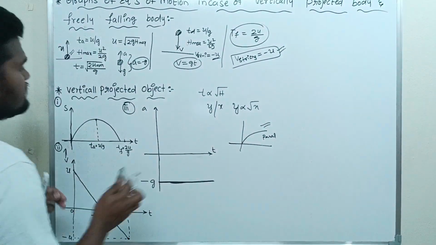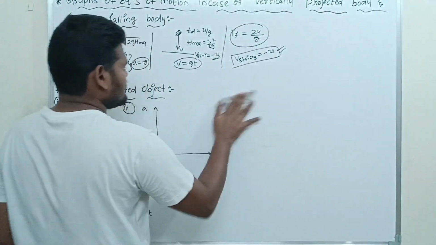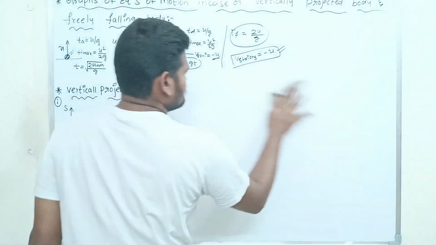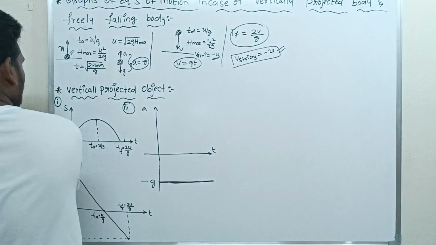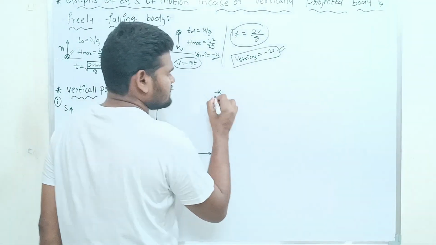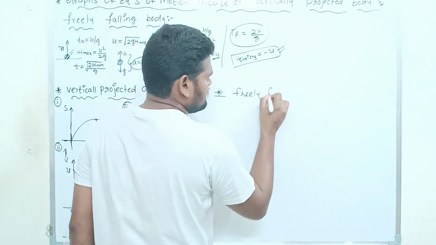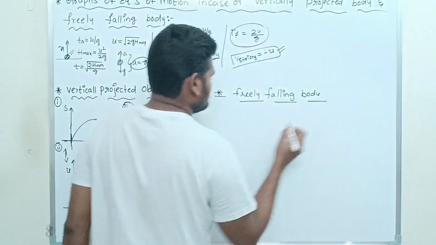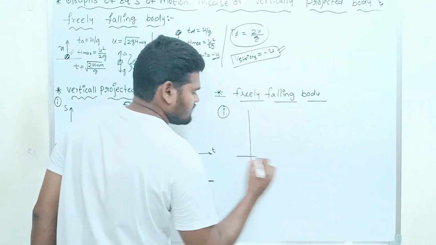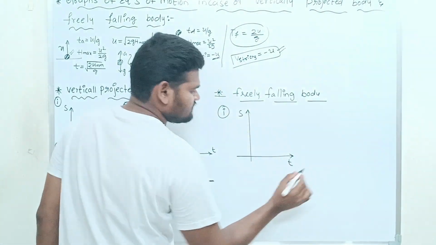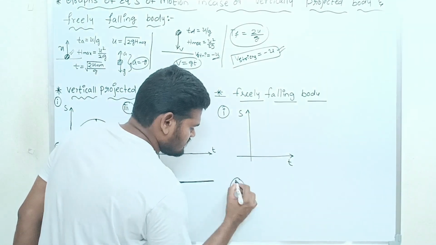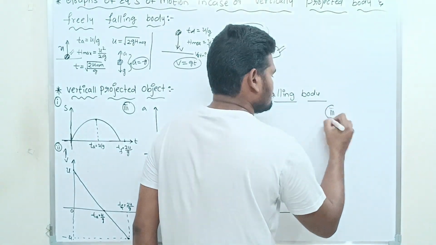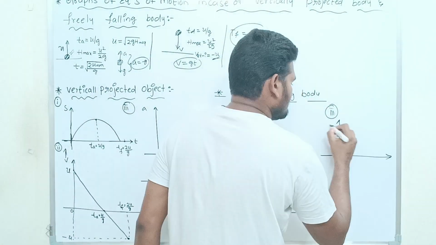Right. If it comes to a freely falling body, have a look. First one is displacement versus time, the second one is velocity versus time, and the third one is acceleration versus time.